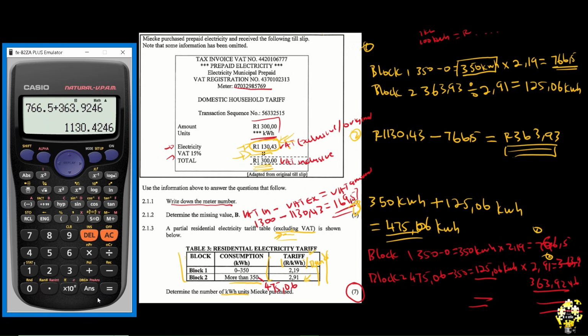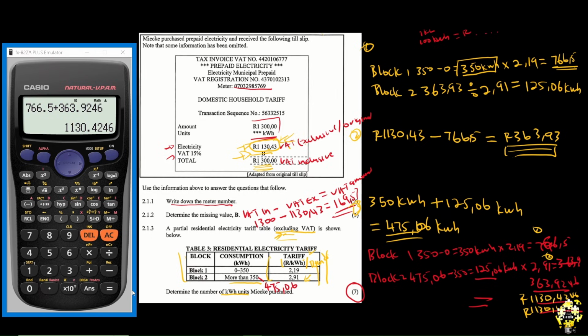What do we get? Look at that. We are indeed getting 1,130.4246. If you round it to two decimal places, it's going to be 1,130.42. Slightly different. If I had used the whole amount without rounding it off, I was going to get exactly 43, but now it is 42.